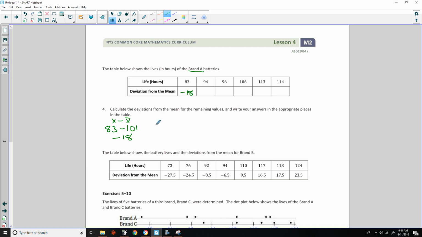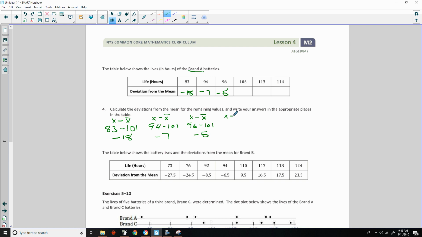So I'm just showing my work, and if you write this every single time, you'll remember it. X being the value and minus the average of those values. So now it's 94 minus 101, and that would be negative 7. And then I do x minus x bar, or the mean, and that would be 96 minus 101, and that would be negative 5.